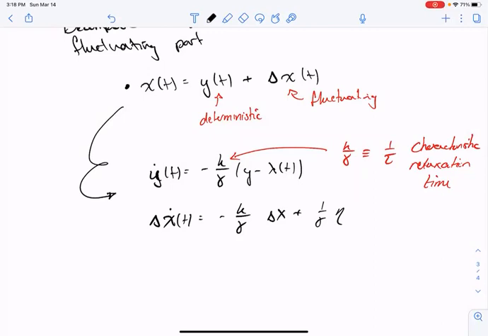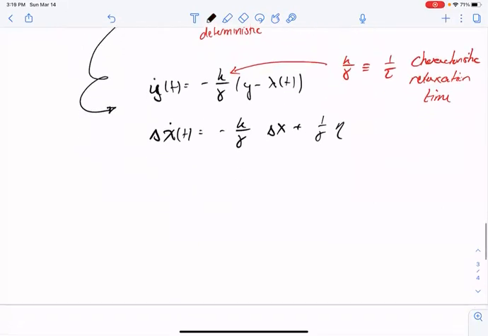Okay, so both of these, y and delta x, are first order linear differential equations. We can solve them with integrating factors, as we've done in the past.